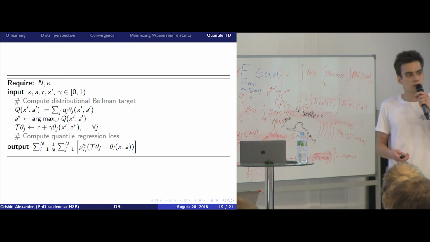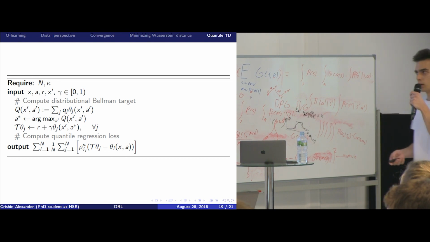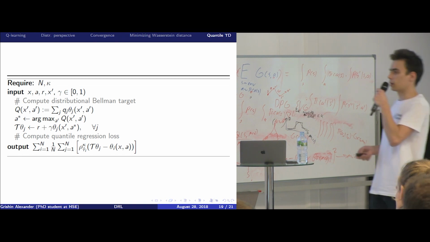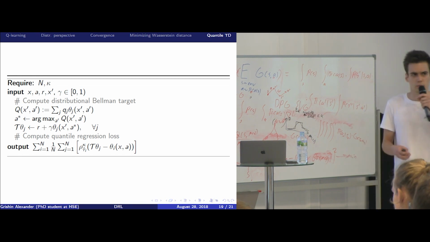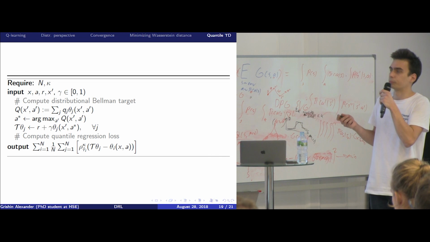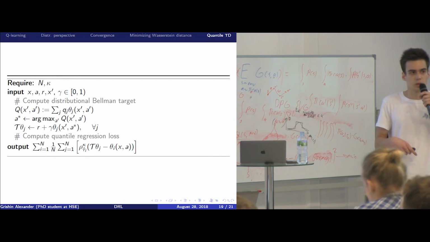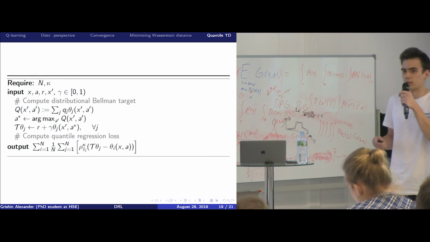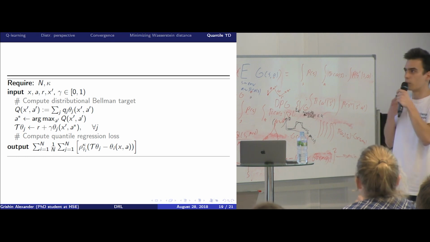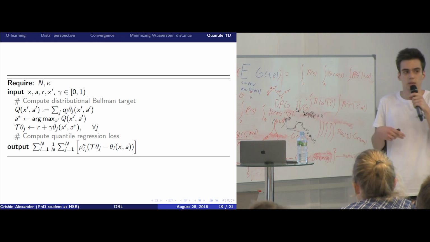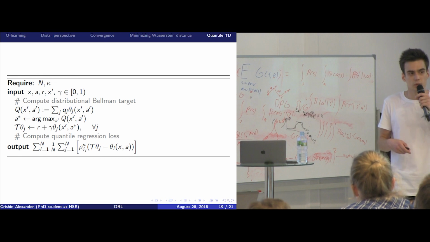Any other questions? Okay, there are some words about that. This quantile regression performs better than the first proposed algorithm and better than deep Q networks.